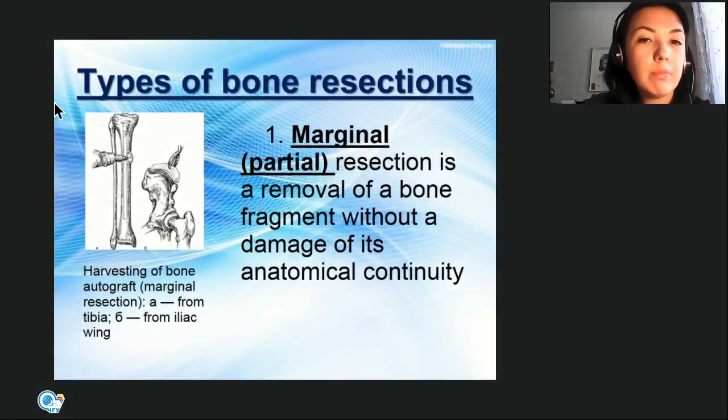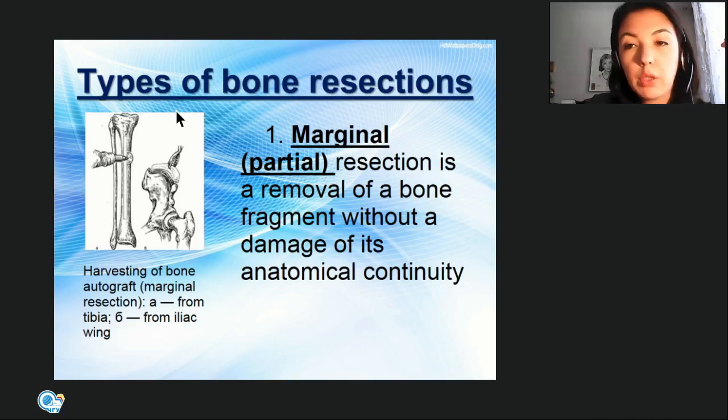There are different types of bone resection. So marginal or partial resection is a removal of the bone fragment without damage of its anatomical continuity. Usually it is used for biopsy. For example, we need to take some part of the bone as a sample to perform histological and other examinations, to identify whether it is a benign or malignant tumor, and to choose our management in future.